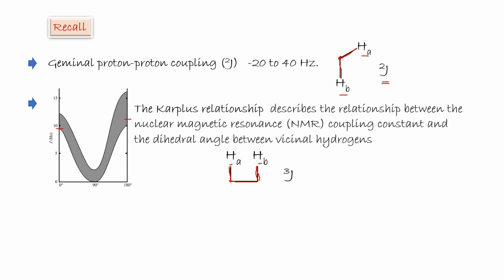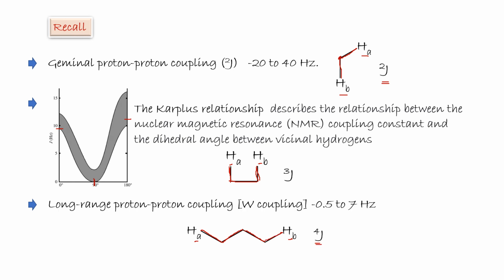And if the angle between them is 90, then the coupling constant will be almost 0. Well, if we have two diastereotopic hydrogens between them like a W or zigzag line, but fixed stereochemistry, it's not movable, then there will be a J4 long-range coupling, and it's about 0.7 to 7 hertz. That will help us in solving the problem.